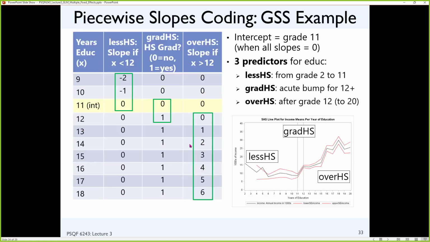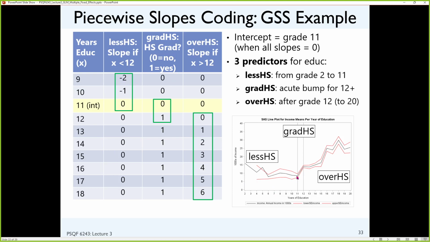So the data say basically this column isn't helping us predict income. Keeping track of just how low your education is if you didn't finish high school isn't helping. So it kind of looks like this line for the less than high school folks could be flat, meaning that we take this variable out of the model and we only need these two.